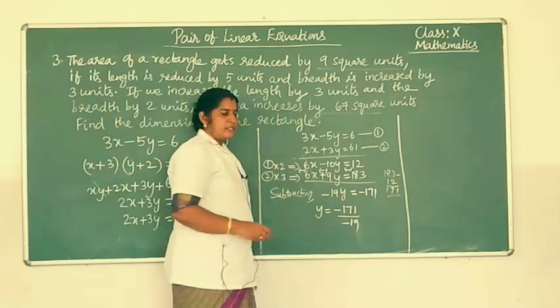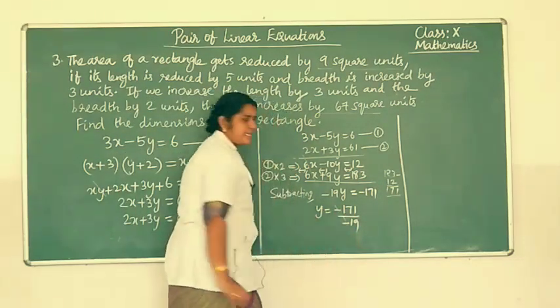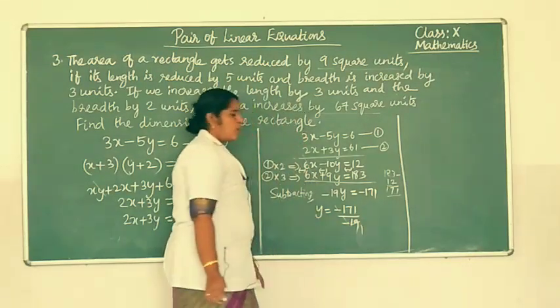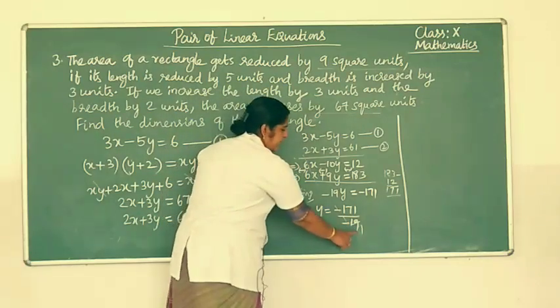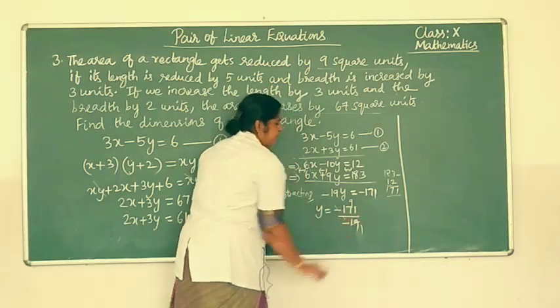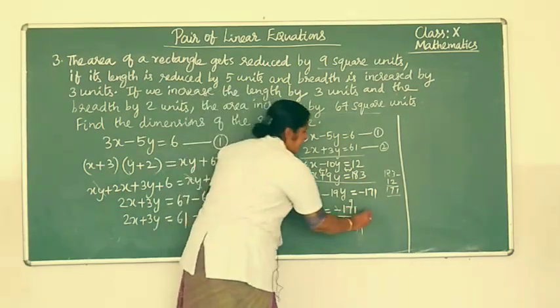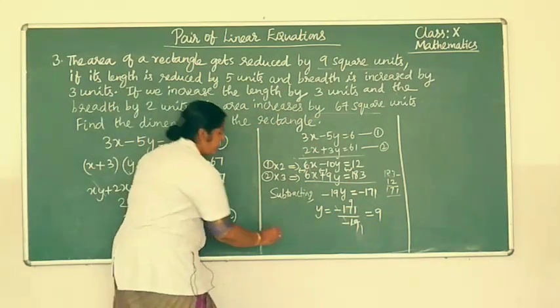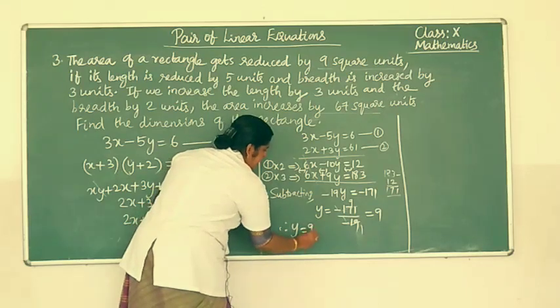When you reduce, what do you get? Minus minus cancelled. 19 nines are 171. Therefore, we get the answer 9. y equal to 9. Therefore, the value of y is 9.